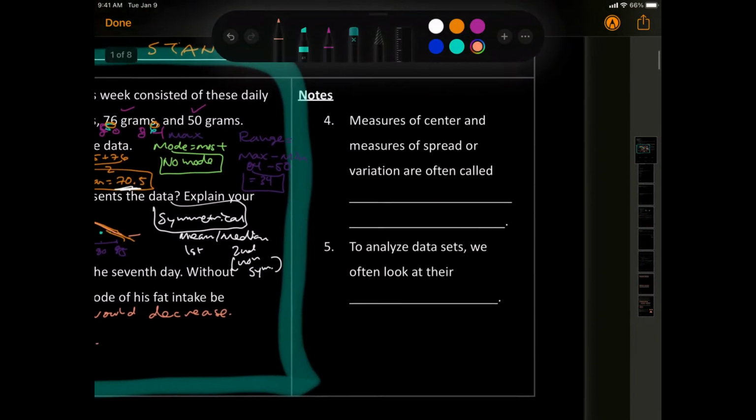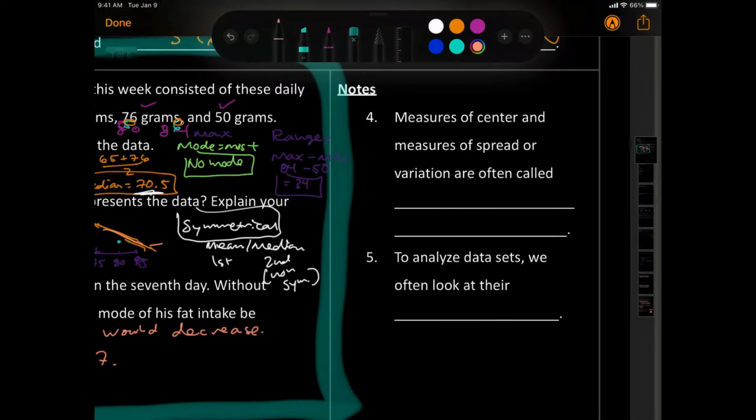All right, let's take a look at our notes over here. The measures of center and measures of spread or variation are often called descriptive statistics.